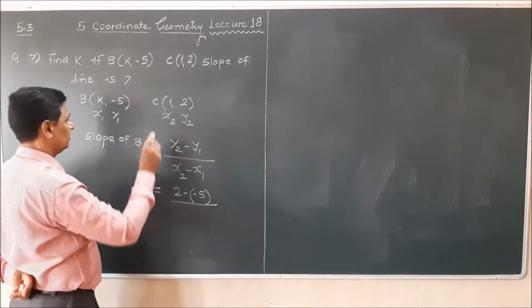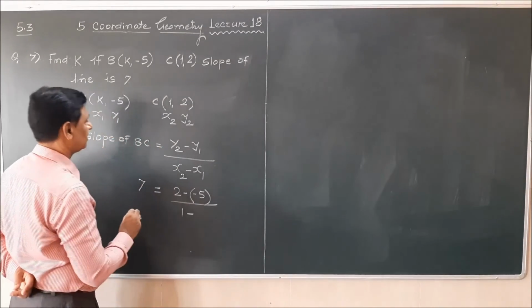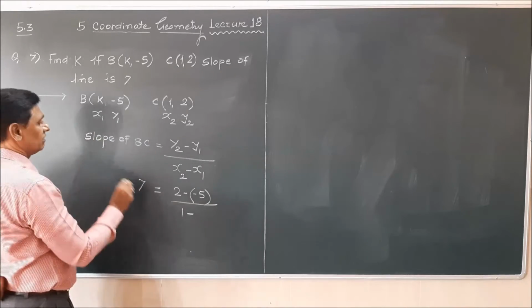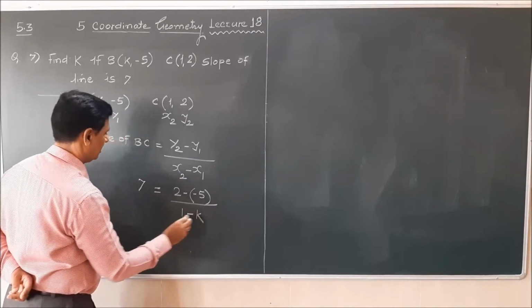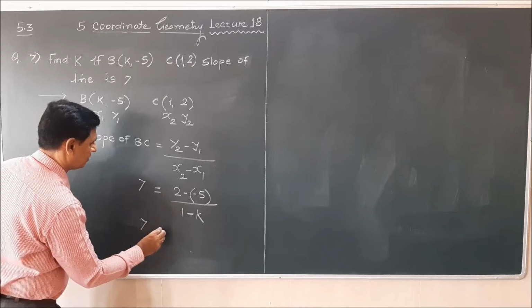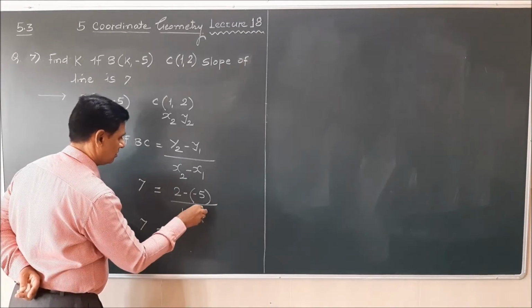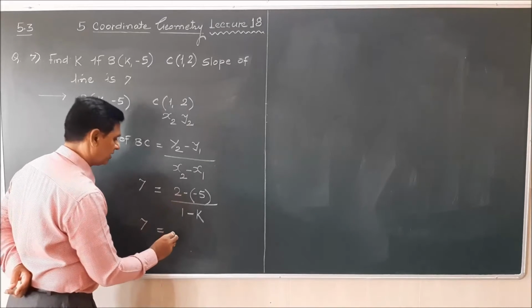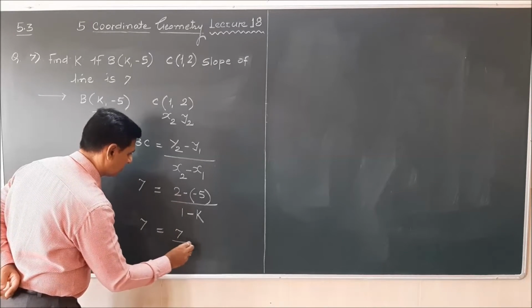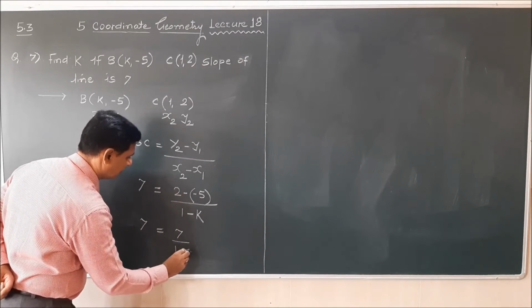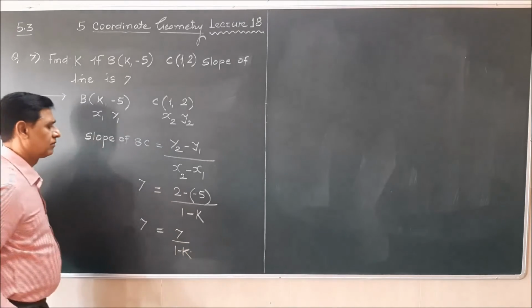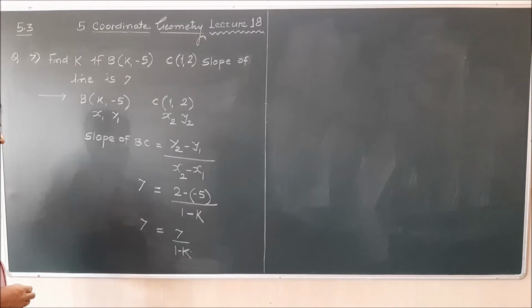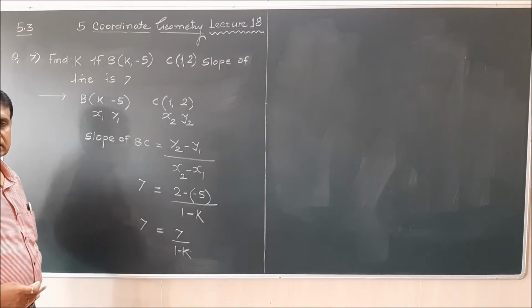Now x2 is 1 minus x1. So next step is 7 is equal to 2 minus into minus is plus, so 2 plus 5 is 7, upon 1 minus k.